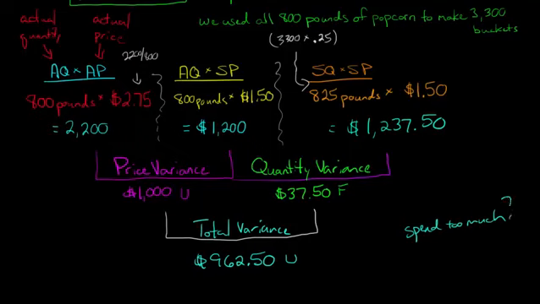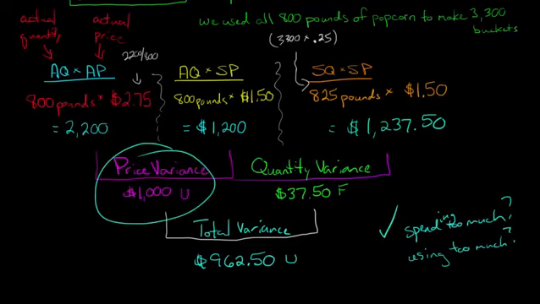Are we spending too much or are we using too much? Well, it looks like we're spending too much. We're paying too much for our popcorn. Now, maybe the price of popcorn has gone up and it's not a problem or something like that. But whatever the case, this is kind of a red flag to our top management that we need to look into this.